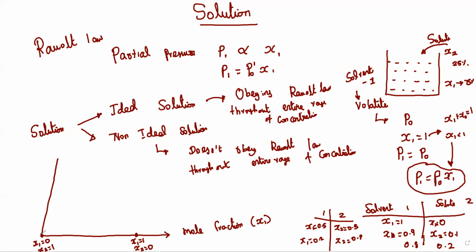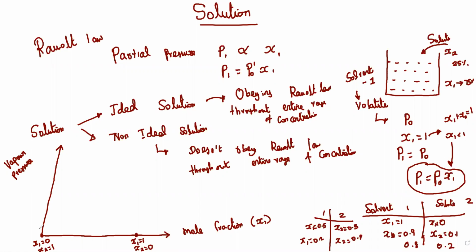So on the y-axis, I should take partial pressure. Not partial pressure, let it be vapor pressure. So what is the vapor pressure? When x1 is equal to 0, the solution consists of only second component.